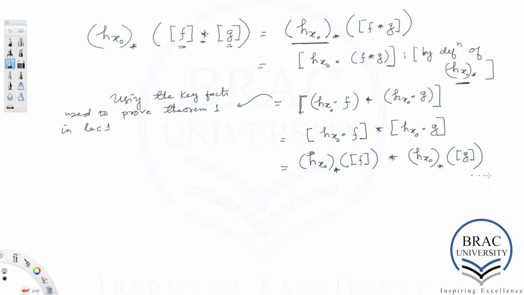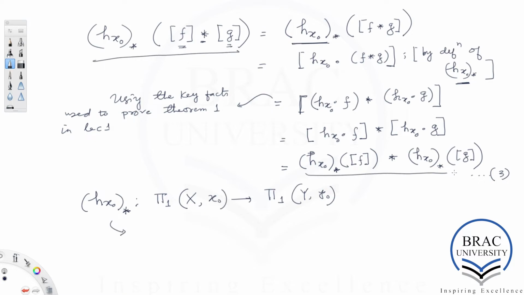If we denote this as equation number 3, then 3 tells us that this induced map h sub x0 star, from the fundamental group of X with reference to the base point x0 to the fundamental group of Y with reference to the base point y0, is indeed a group homomorphism, since this is equal to this.